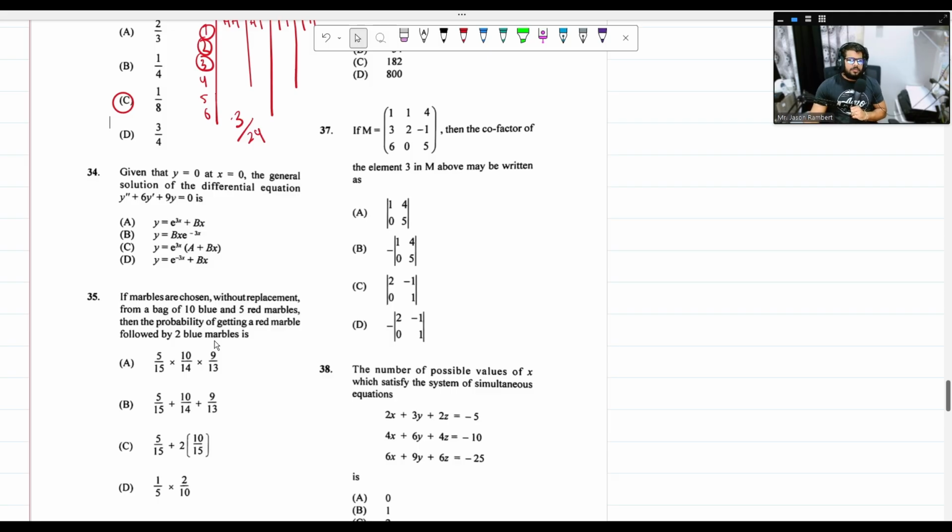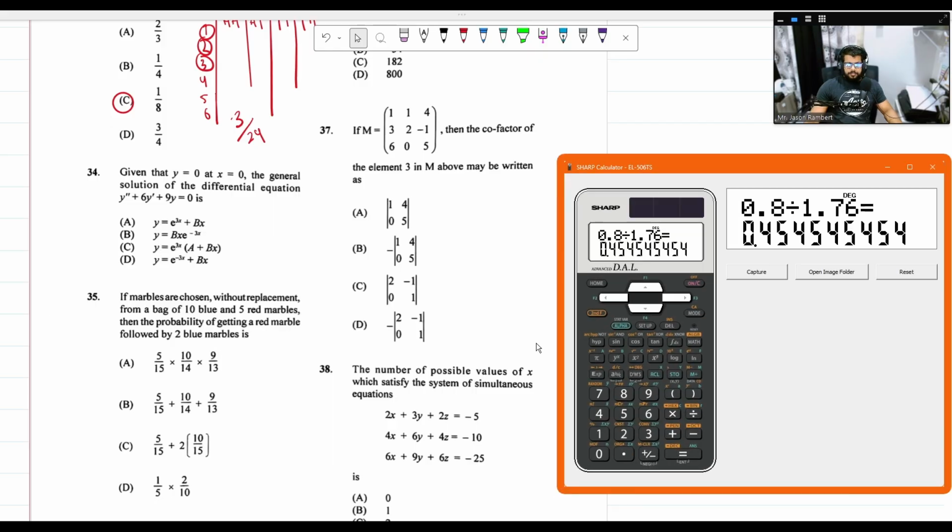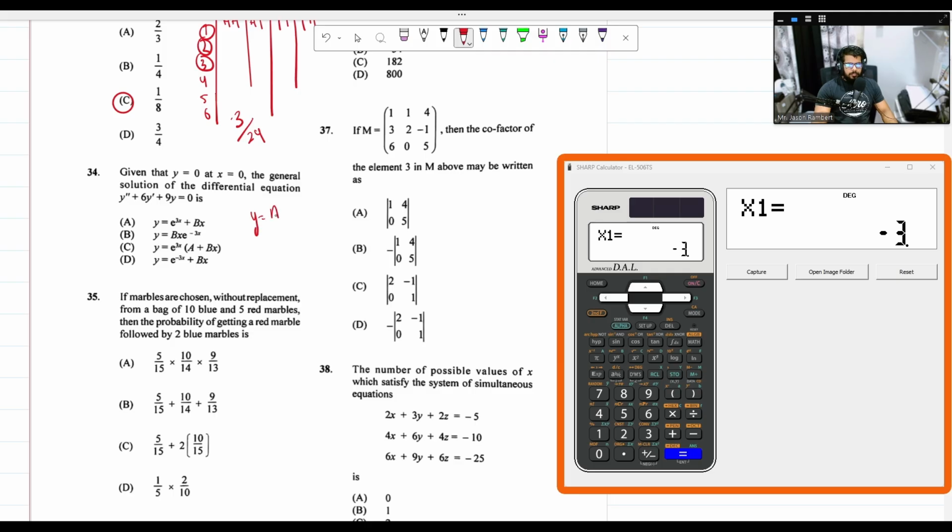Given that y is 0 and x is 0, the general solution of the differential equation, I jump on the calculator, solve the auxiliary equation, 169, this is a perfect square, minus 3 is the only answer. And for real and equal roots, y is equal to (ax plus b) e to the mx.